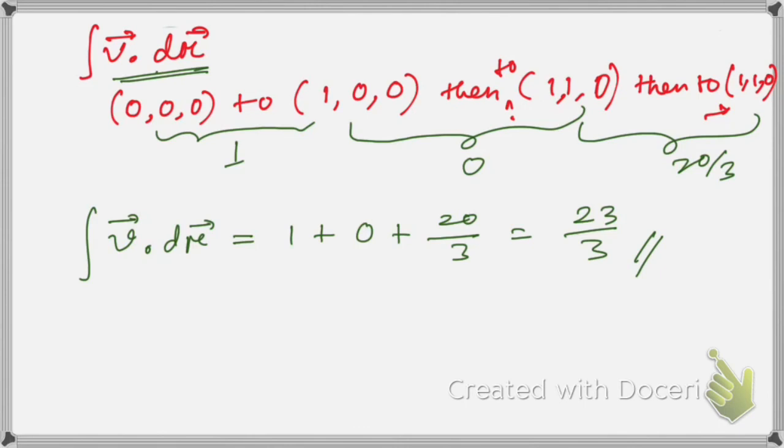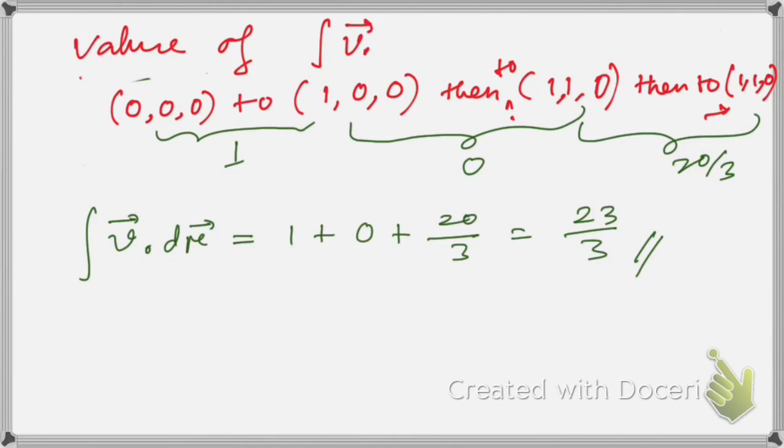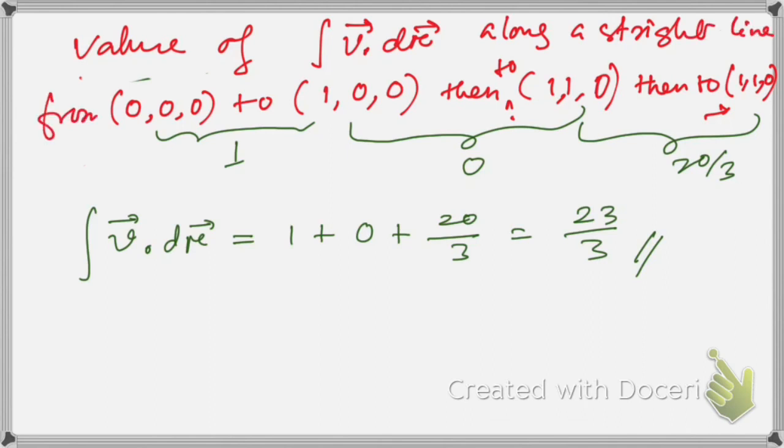This is the value of the integral of V vector dot dr vector along the straight lines from this point to that point, and onward, and this is our answer.